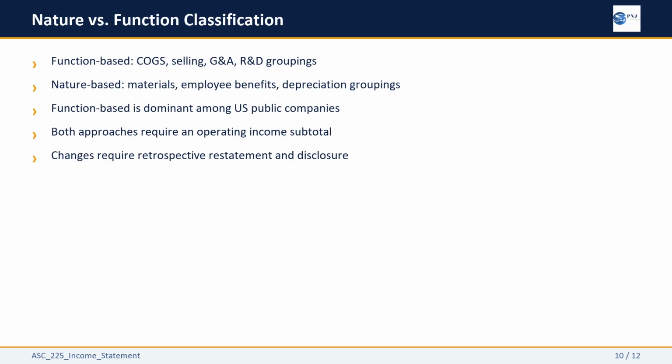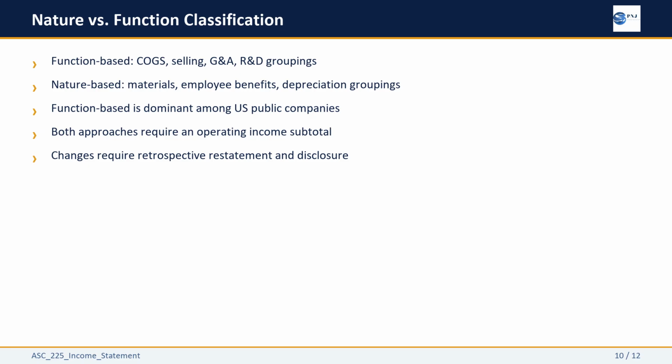There are two ways to organize operating expenses on the income statement. Function-based classification groups costs by what they do: cost of goods sold, selling expenses, G&A, R&D. This is the approach used by most U.S. public companies, and it produces subtotals that are highly useful for ratio analysis. Nature-based classification groups costs by what they are: raw materials, employee benefits, depreciation.